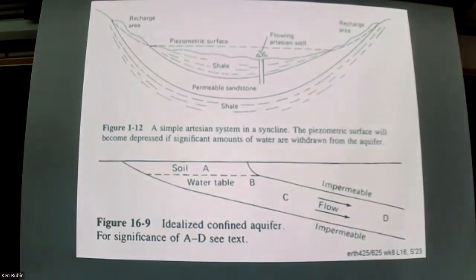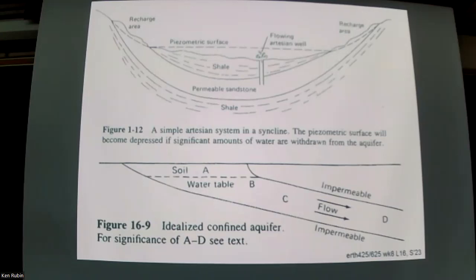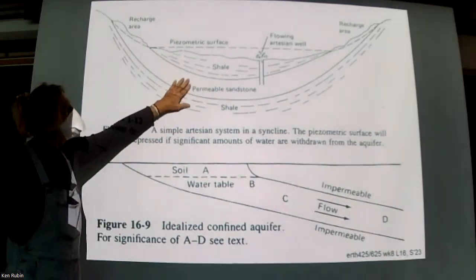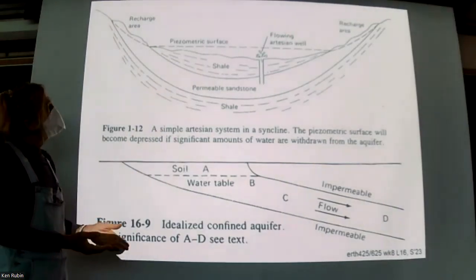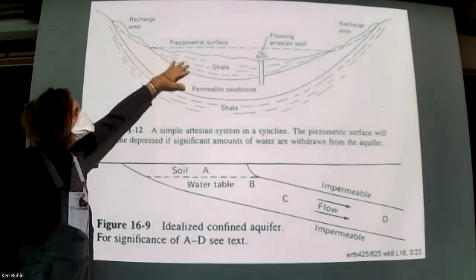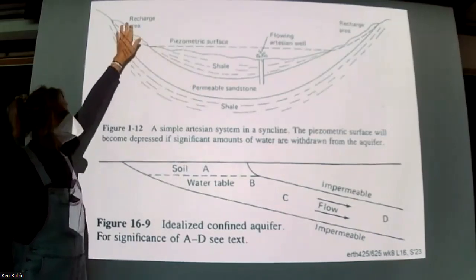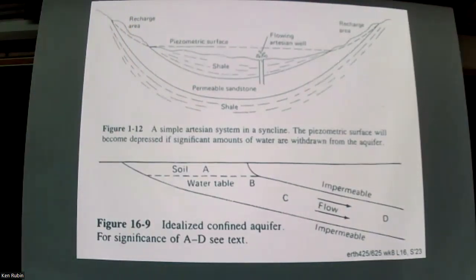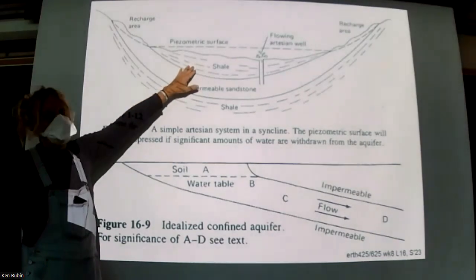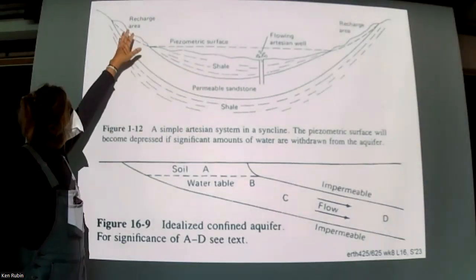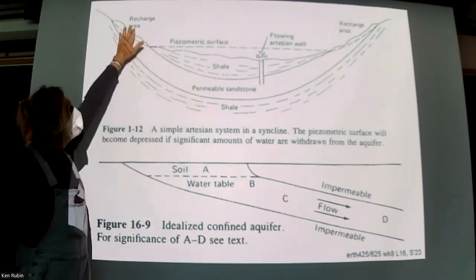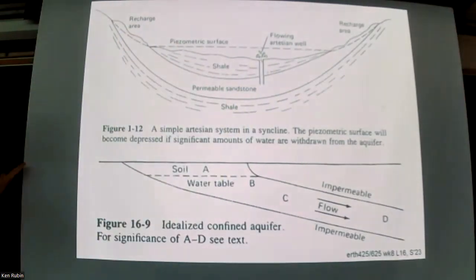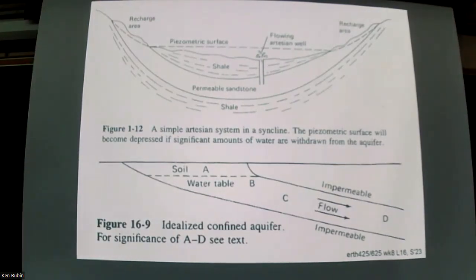That's called a syncline. And in this case, because the dip of the rock lithology in the subsurface has a different slope than the land surface, this syncline can intersect the land surface at some places and be covered by something else in other places. And so water can get into this layer by recharging in what's called the recharge area, where the lithology hits the land surface, and then flow down.